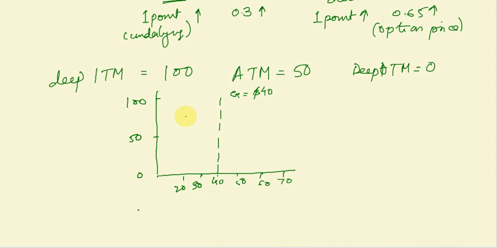So if we plot the graph of the delta of a call option, this is what it will look like.